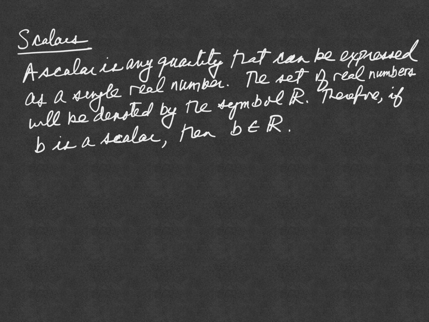Now, next we have to define vectors, but before we actually define vectors, we have to define what's called Euclidean space, which in this case is actually three-dimensional Euclidean space.